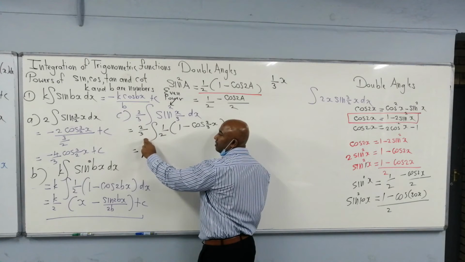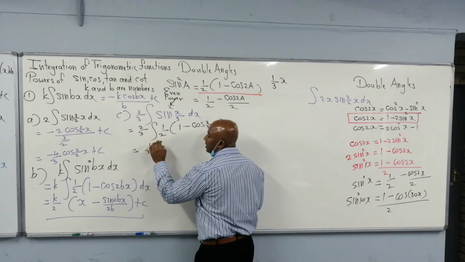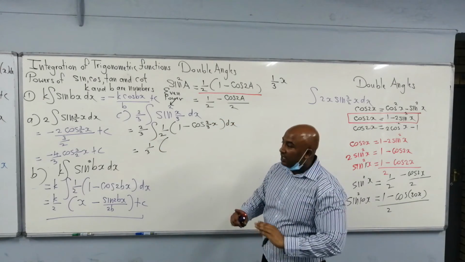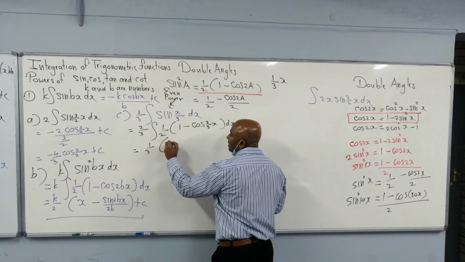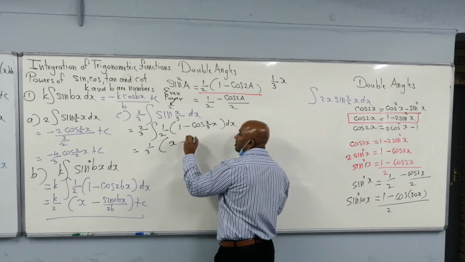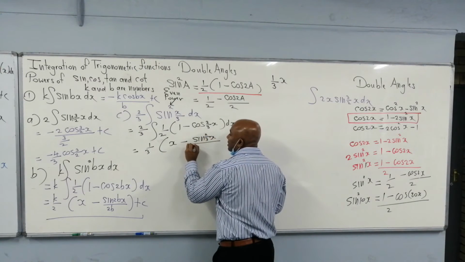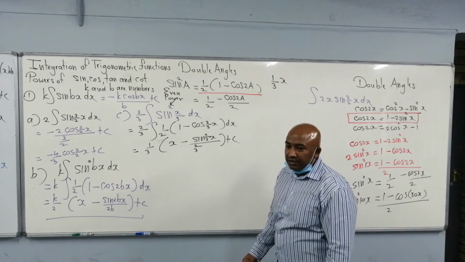What do we get? 2 over 3 times 1 over 2 is 1 over 3. I'm not copying down the integration sign because I'm going to integrate now. Integrate 1, that will be x. Integrate cos, that will be sine 2 over 3x, all divided by 2 over 3, plus c. You're done.